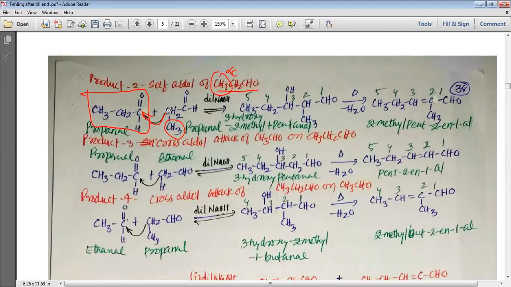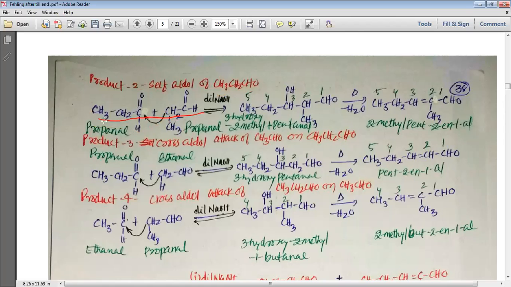Now both these compounds combine together to give us the beta hydroxy product, because this carbonyl group I am talking about is converted into a hydroxyl group. You can see that I am just combining this.